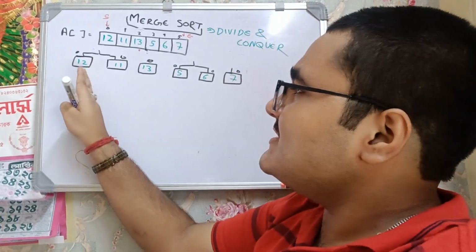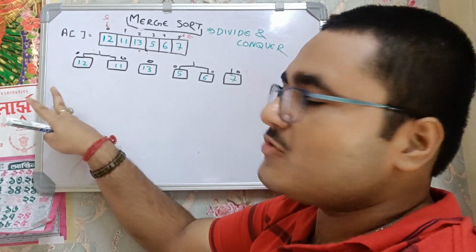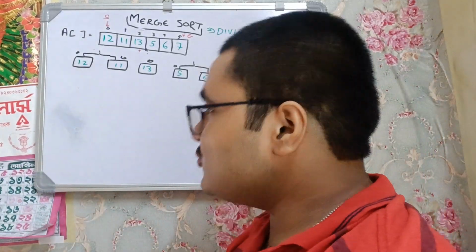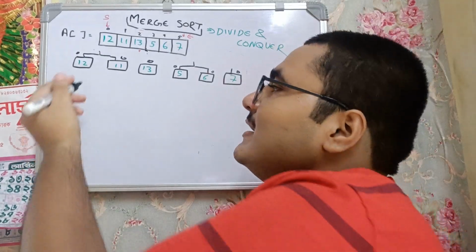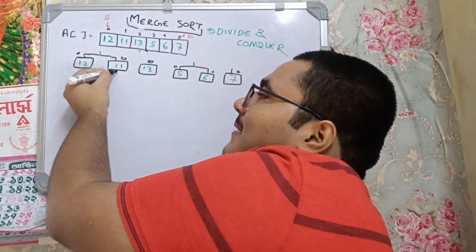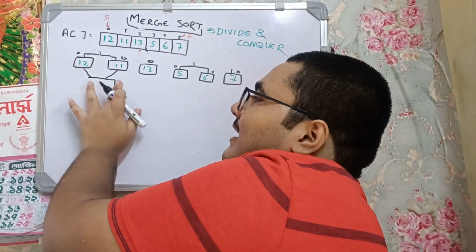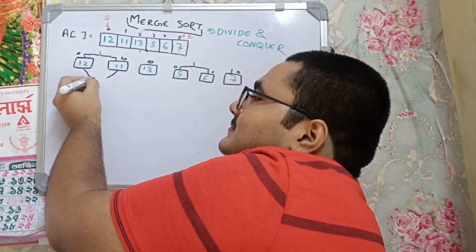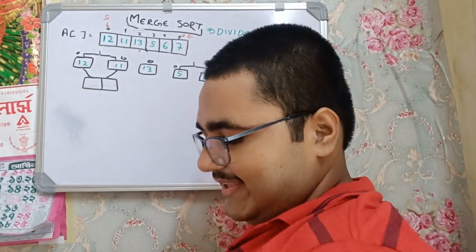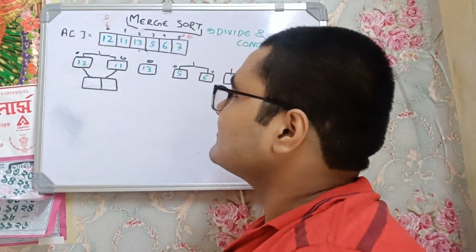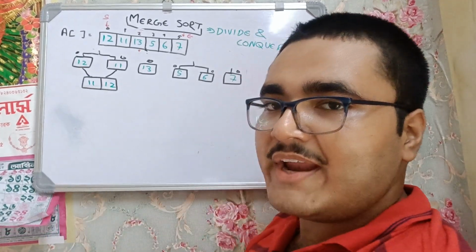As you can see, 12 is greater than 11, right? So 11 should come before 12. We should merge them in such a manner that 11 comes before 12, and the newly formed array now is 11 and this is 12, right?